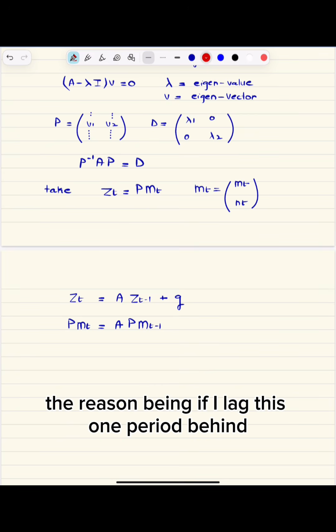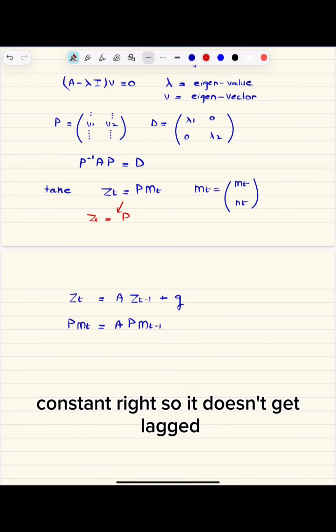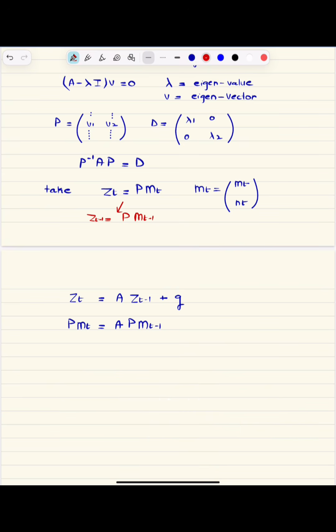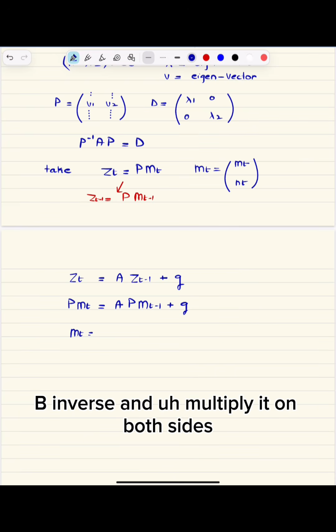The reason being, if I lag this one period behind, the matrix P is just constant, so it doesn't get lagged. However, M does get lagged, plus G. Let's take P inverse and multiply it on both sides.